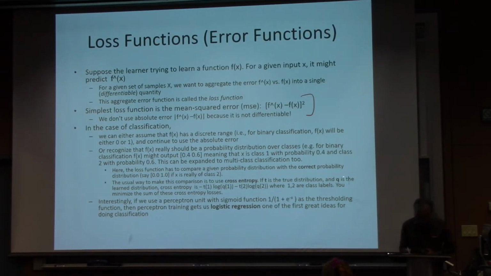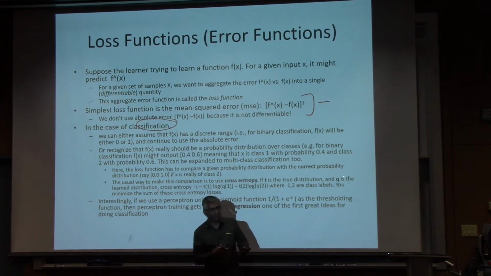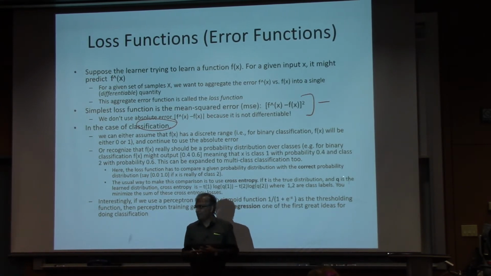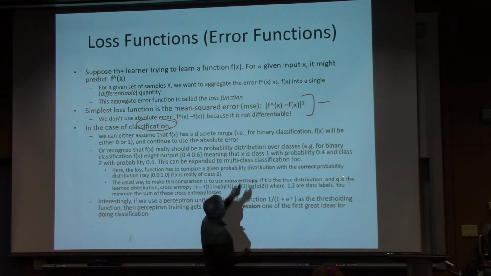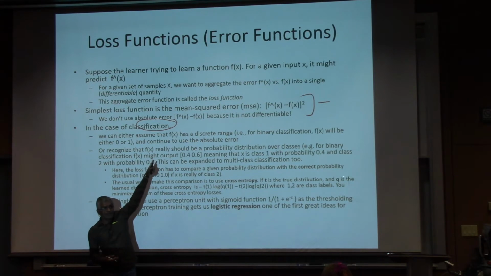Okay, so the loss functions. You have this one loss function we looked at. I want you to realize that just as there are many different thresholding functions, there can also be many different loss functions. In particular, we already knew that instead of the square, you could have actually minimized the absolute value of f hat of x minus f of x.